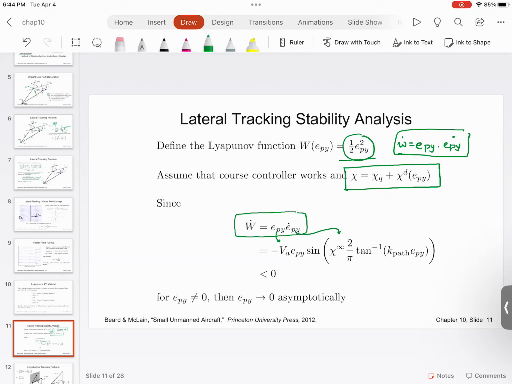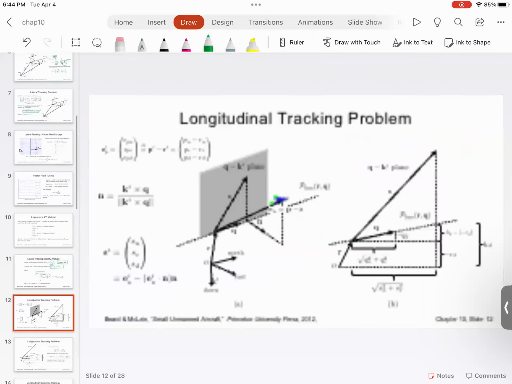This technique only tells us that if the Lyapunov function is positive definite and the derivative is negative, then the system is stable. But it does not provide any standard approach to find what that Lyapunov function is.